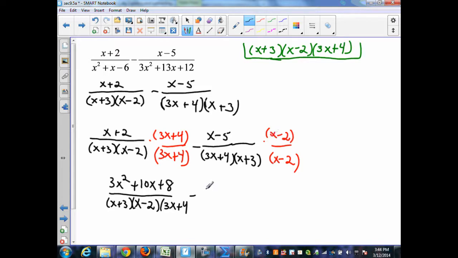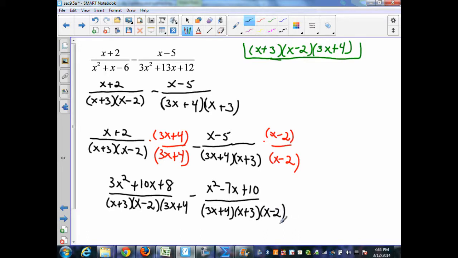And when I FOIL, that's going to give me x squared minus 2x minus 5x is minus 7x plus 10 over (3x plus 4)(x plus 3)(x minus 2).